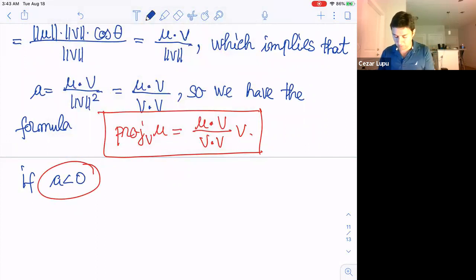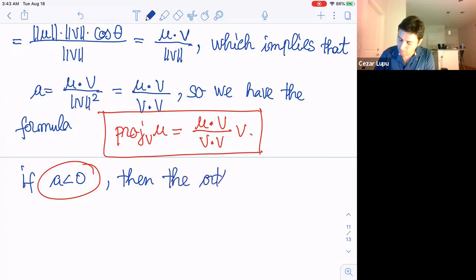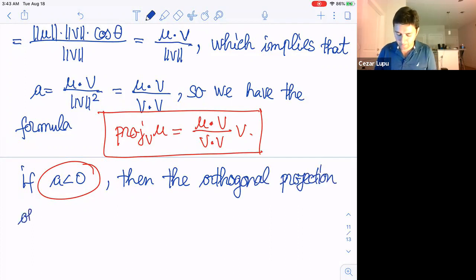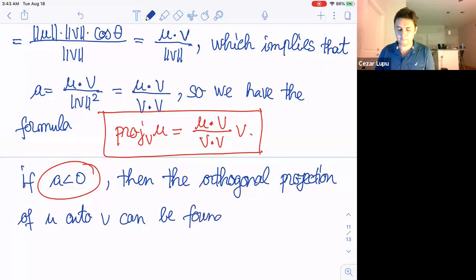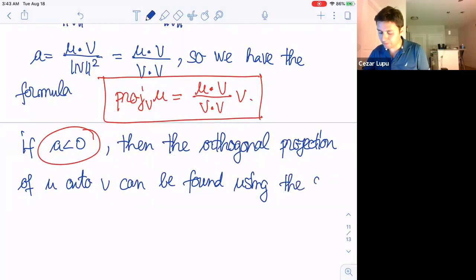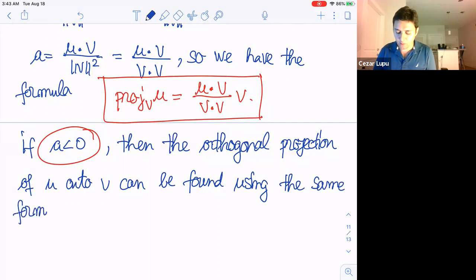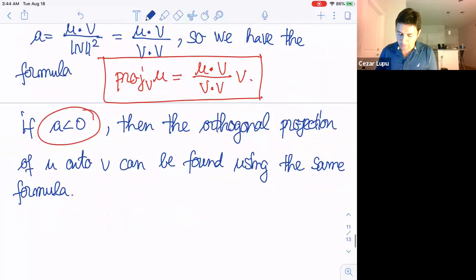Let's draw the picture. Then the orthogonal projection of u onto v can be found using the same formula basically, but the picture is a bit different.